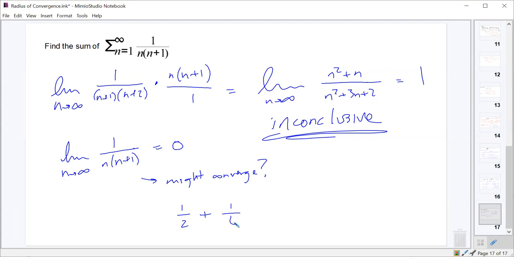Should be 1 over 6. And the next term should probably be 1 over 12, and then 1 over 20, and so on. So, I mean, those values, those fractions are getting smaller. Question is, are they getting small enough, fast enough for us to be able to say that this converges?